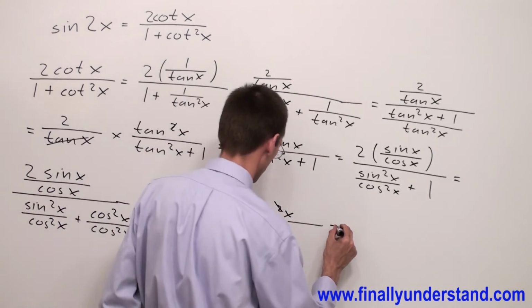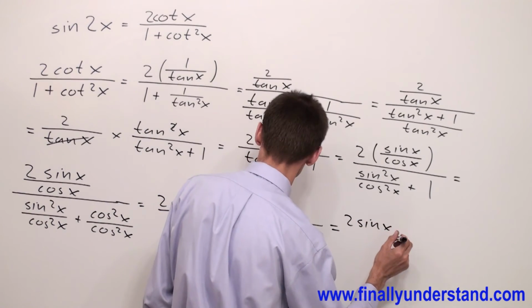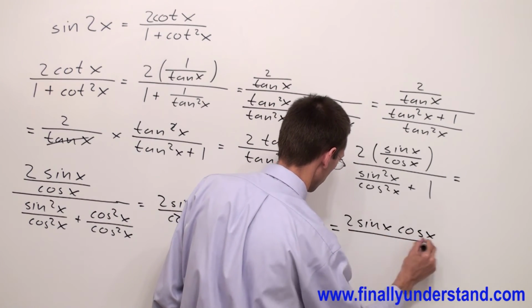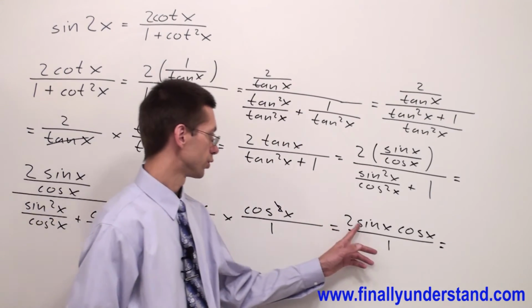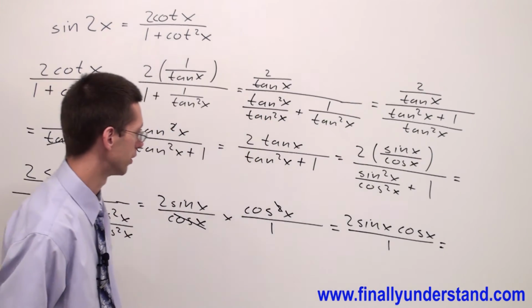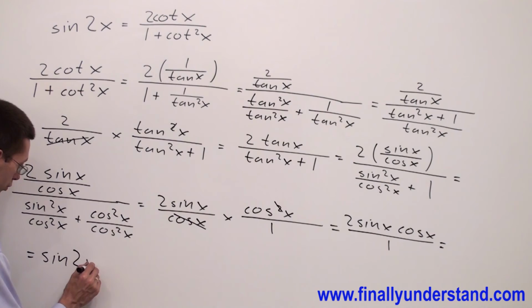And I end up with 2 sine x cosine x over 1. 2 sine x cosine x, this is nothing else, just the sine of twice an angle. So this is equal to sine 2x.